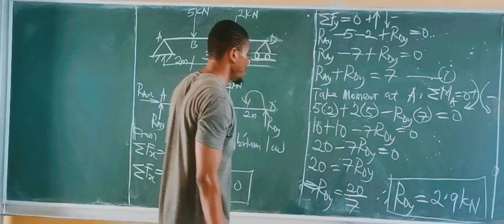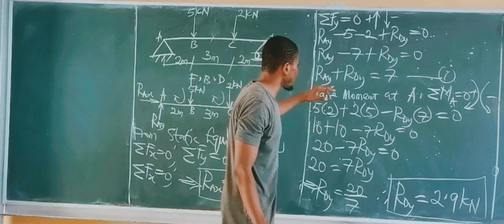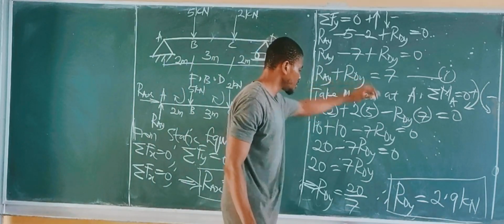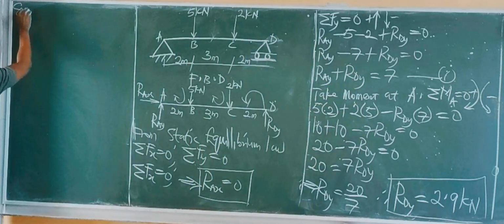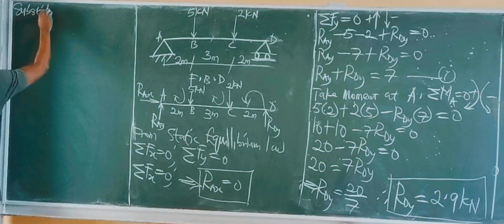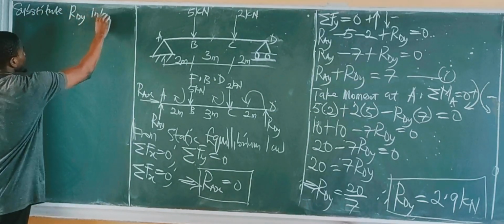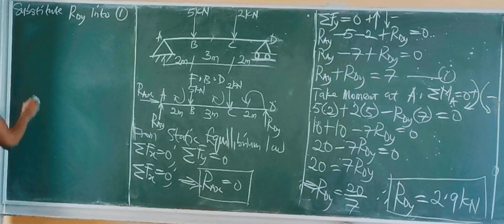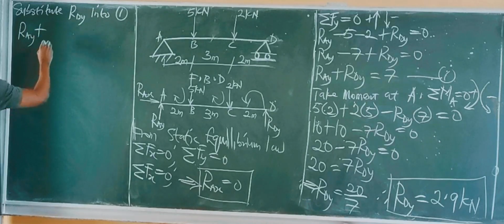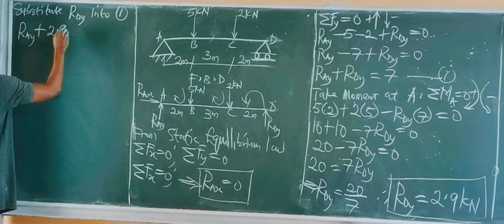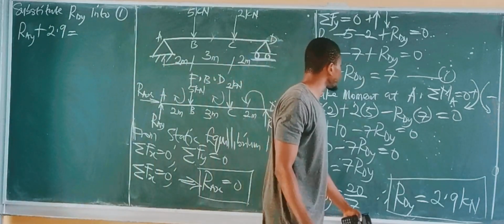So having known R dy, we simply substitute R dy into equation 1 to obtain R ay. If we do that, we simply have RAY plus, in place of RDY, 2.9, and that's equal to 7 kilonewtons.